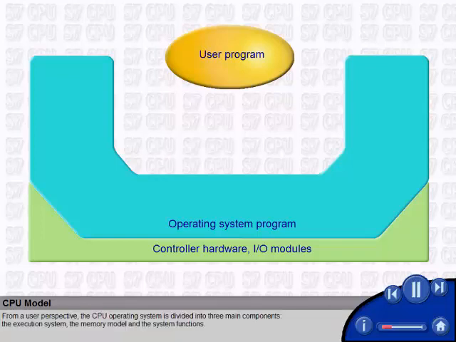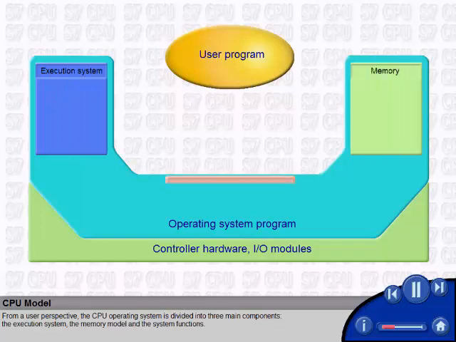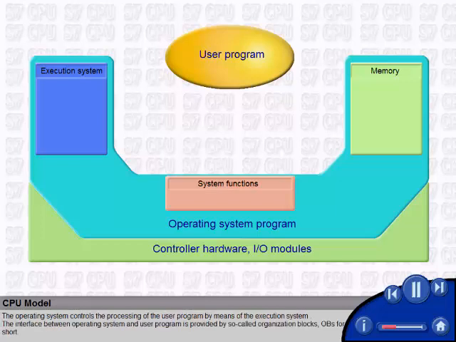From a user perspective, the CPU operating system is divided into three main components: the execution system, the memory model, and the system functions. The operating system controls the processing of the user program by means of the execution system.